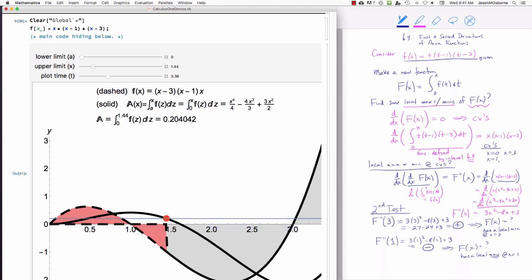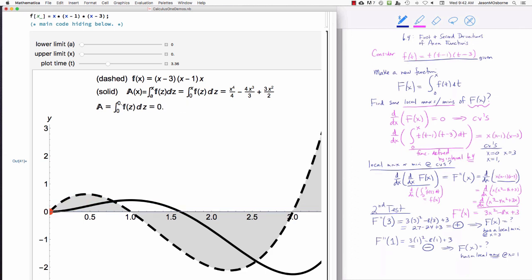So there are two graphs shown here: the dotted line function, which is the function f of t, and then a solid line function, which is the area function itself. So let's test our local max and min idea according to this picture.